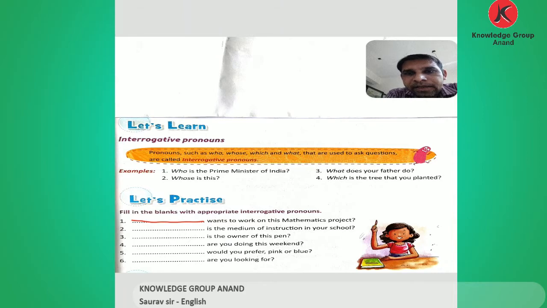The verb is the main verb with s added, so here we use who. Someone means we talk about a person, so we use who.